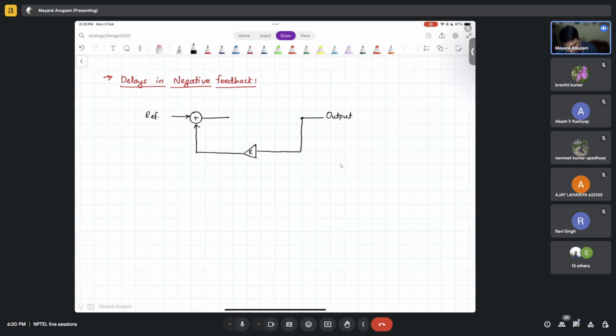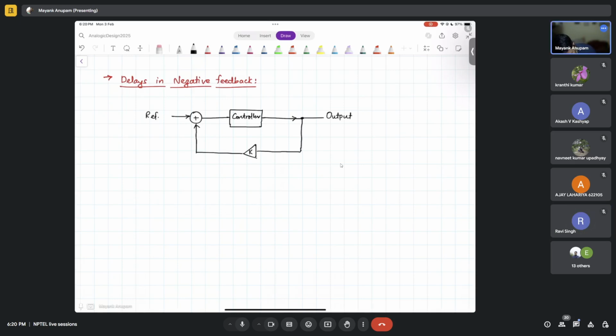That's how, and the name negative feedback comes because there is a negative sign associated with it, right? And then basically the error is processed, and after processing, this controller here sends an output. That's how negative feedback works, isn't it?